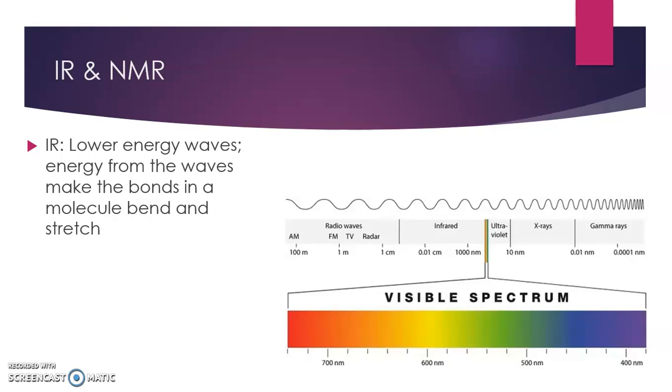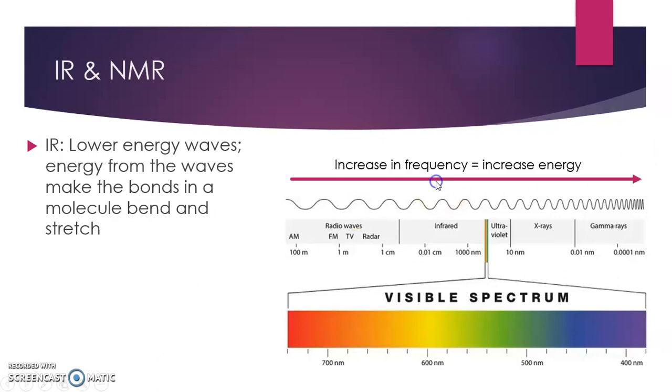In Year 12, Unit 4, we need to learn about two new spectroscopies. One is infrared spectroscopy. By name, you know that we're using the infrared part of the spectrum. Because it's lower energy waves, the energy is only able to interact with the bonds in the molecule, not the atom itself.